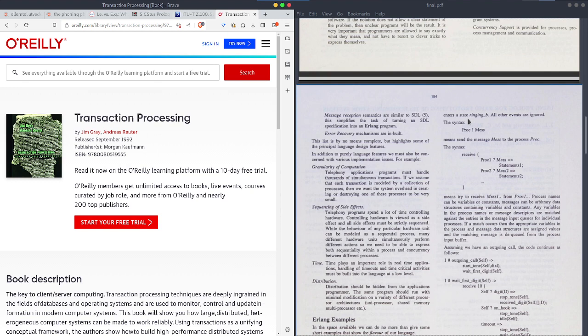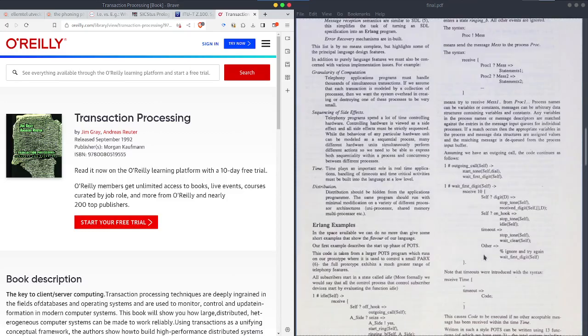Any variables in the process names or message descriptors are matched against the entries in the message input queues for individual processes. If a match occurs, then the appropriate variables in the process or message data structure are assigned values, and the matching message is dequeued from the process input buffer. Assuming we have an outgoing call, the code continues as follows.